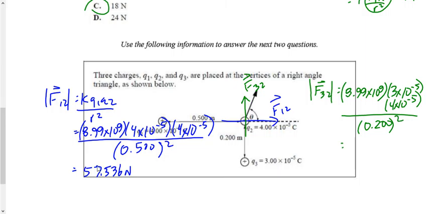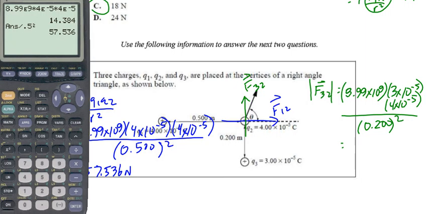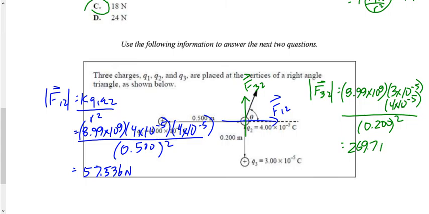And the value for this is going to be, let's see here, 8.99 times 10 to the 9 times 3 times 10 to the negative 5 times 4 times 10 to the negative 5. And we divide that by 0.2 squared, 269.7 newtons. Is that right? Both of those right?